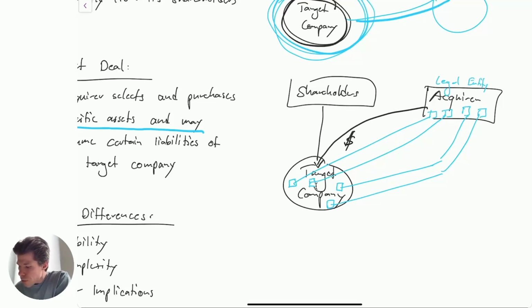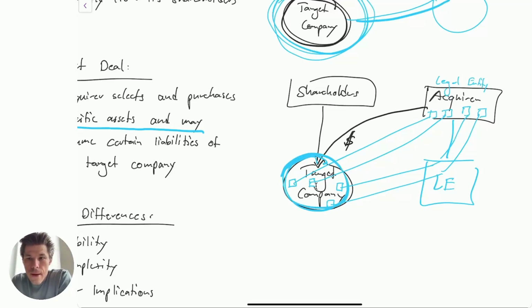And then depending on what you plan to do with those assets, you can integrate them into your existing business, or you set up a new legal entity or whatever.